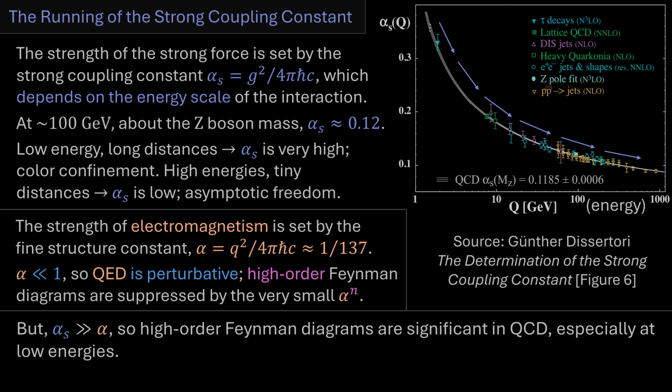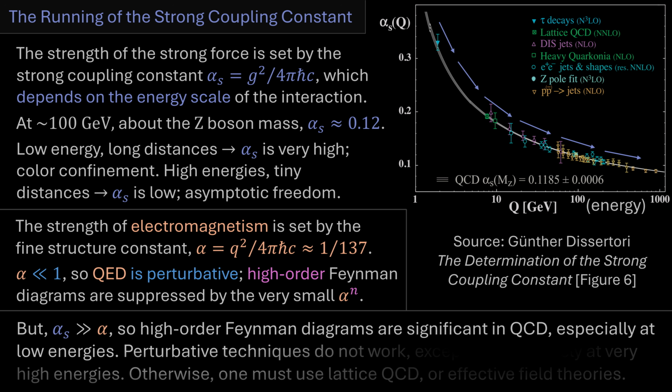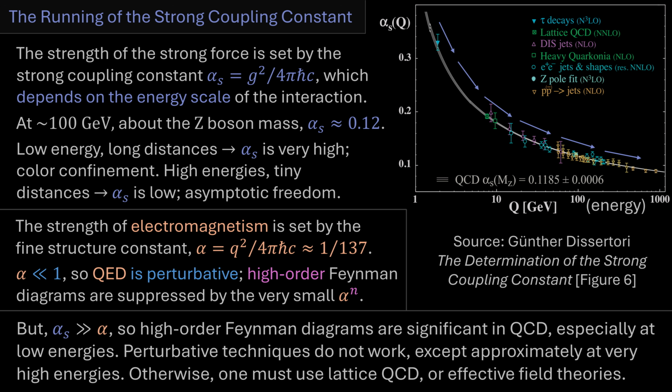Especially in the low energy limit, you really have to factor in this combinatorial explosion of different high order Feynman diagrams, and the whole thing becomes an absolute mess to work with. So in order to do anything with quantum chromodynamics, you pretty much have to use computational methods like lattice QCD, where you apply these equations to a lattice of spacetime points.